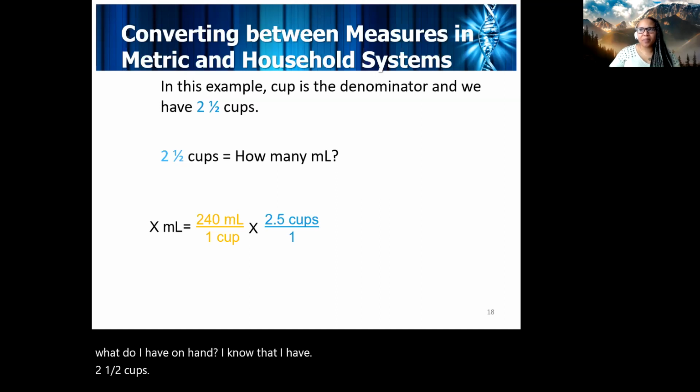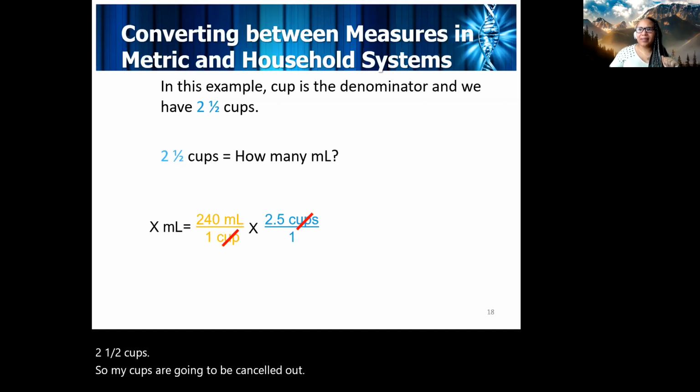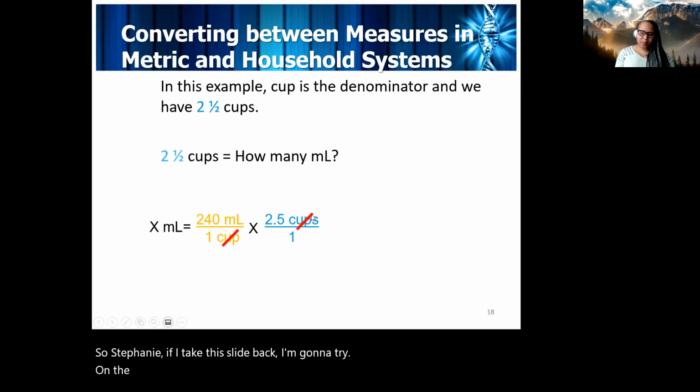So my cups are going to be canceled out like that. And then I'm going to multiply. So Stephanie, if I take this slide back, on the previous slide, remember I told you that there are measurements that you have to commit to your memory.